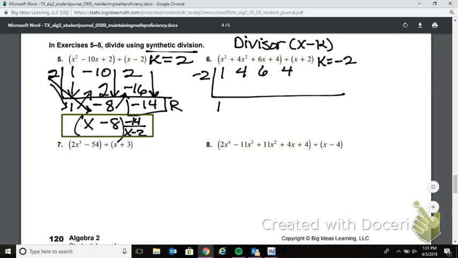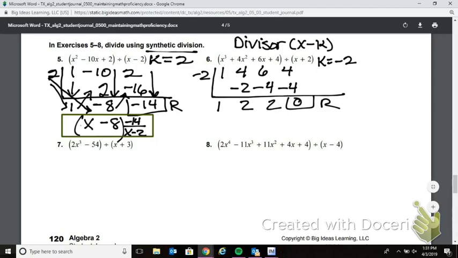We multiply negative 2 times 1, put it here. Combine, we get 2. Then we do negative 2 times 2, put the answer here. Then we combine, 6 minus 4 is 2. Negative 2 times 2 is negative 4. We combine, we get a 0 remainder. So this one goes in evenly.